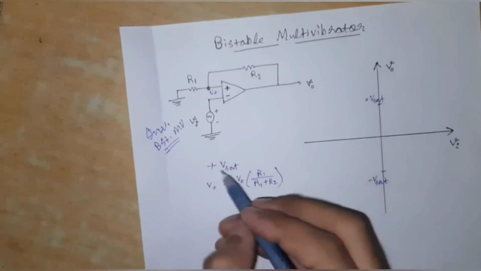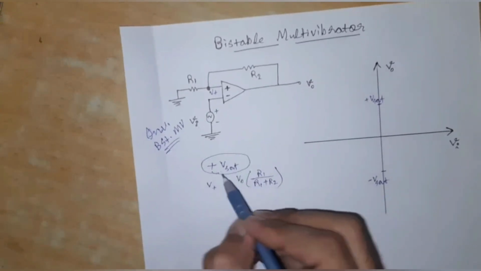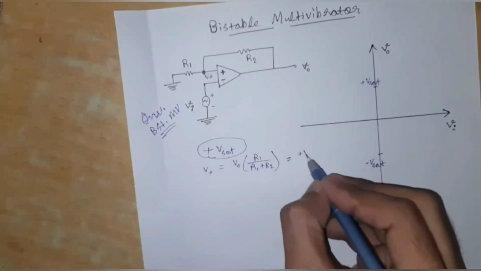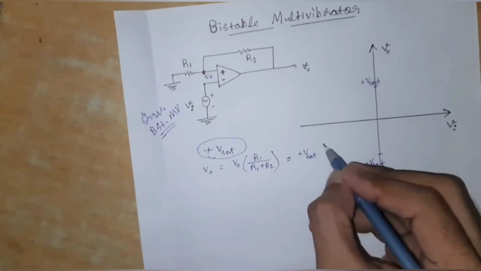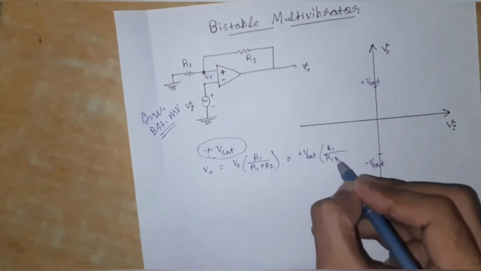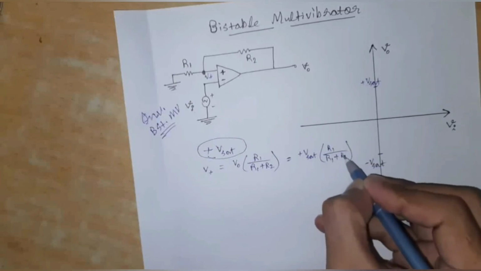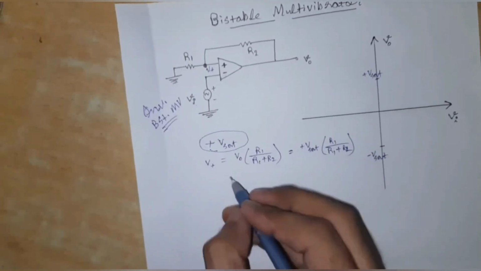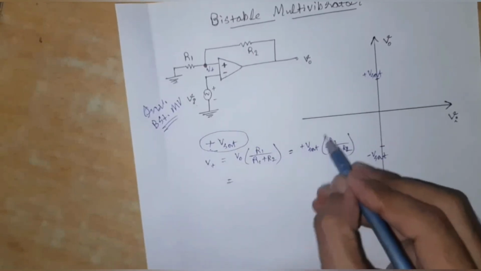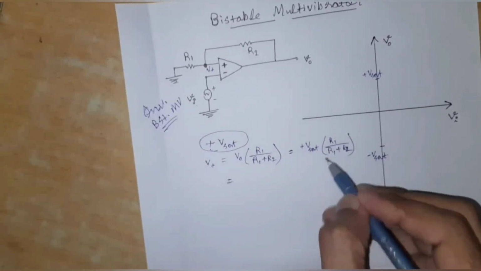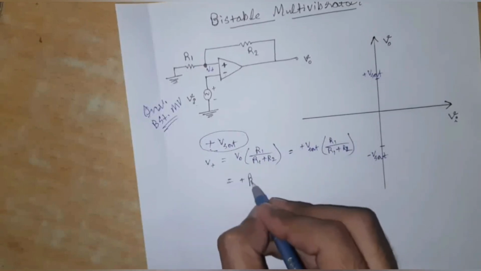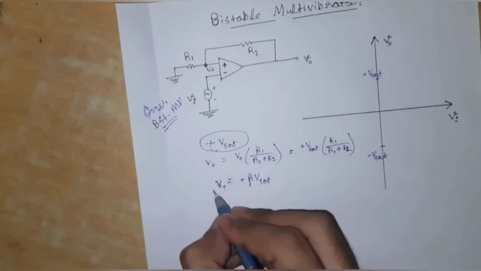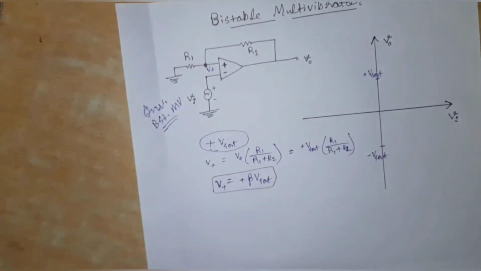Now since we have supposed that initially V output is at plus VSAT, this would be given by plus VSAT into R1 by R1 plus R2. We have just placed VSAT in place of V output. So let us suppose this term as beta. So it will be plus beta VSAT. Now V plus is at plus beta VSAT.